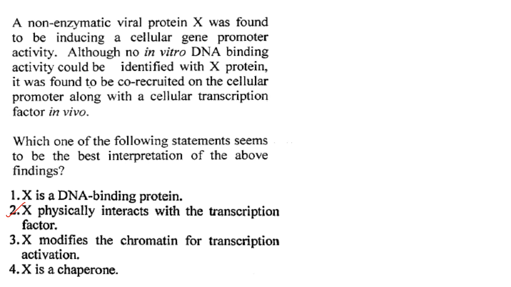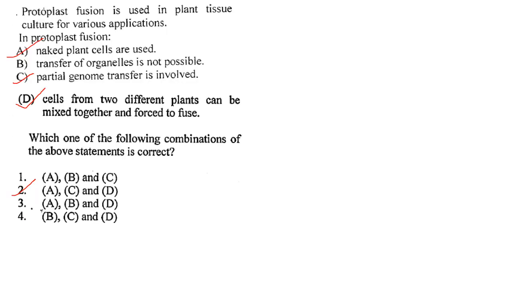That is correct. X modifies the chromatin for transcription activation. It doesn't modify the chromatin because it is co-recruited onto the cellular promoter along with the cellular transcription factor. X is a chaperone. That is also not correct. So the answer here is option 2.